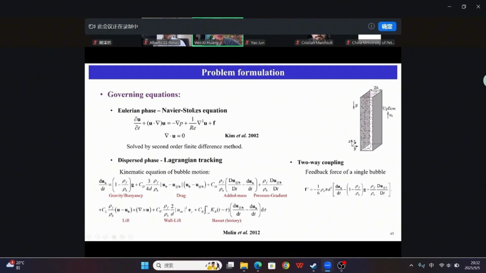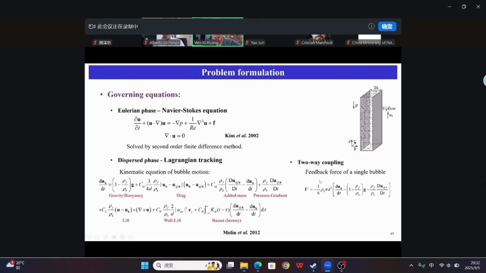This is the governing equation, and this is the equation for the bubble. Here we use a Lagrangian model for the bubble. It includes different force models like gravity, drag, added mass, pressure gradient, lift, wall lift, and the Basset force.